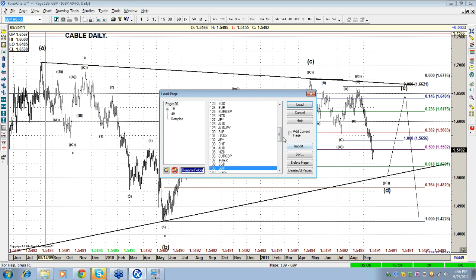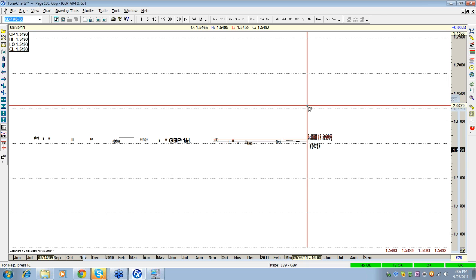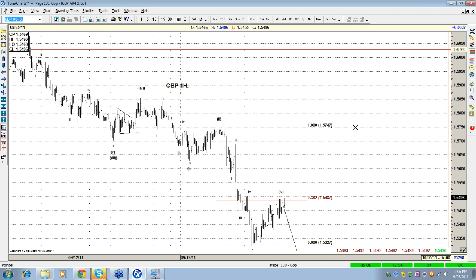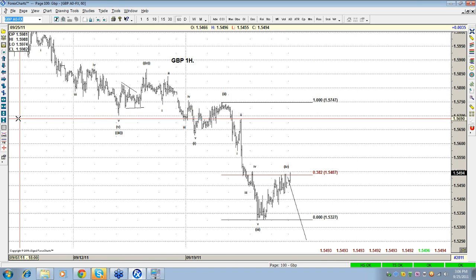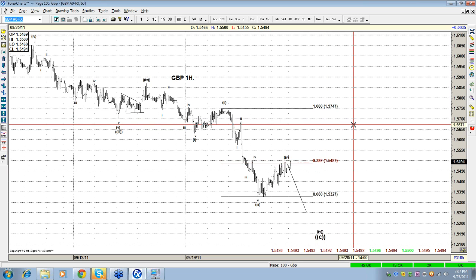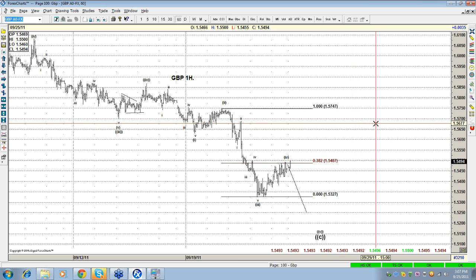And if you take a look at cable on the 1 hour chart, you see it's gapping out. The gap out today in risk goes pretty well with what we're expecting. I still like the discount.